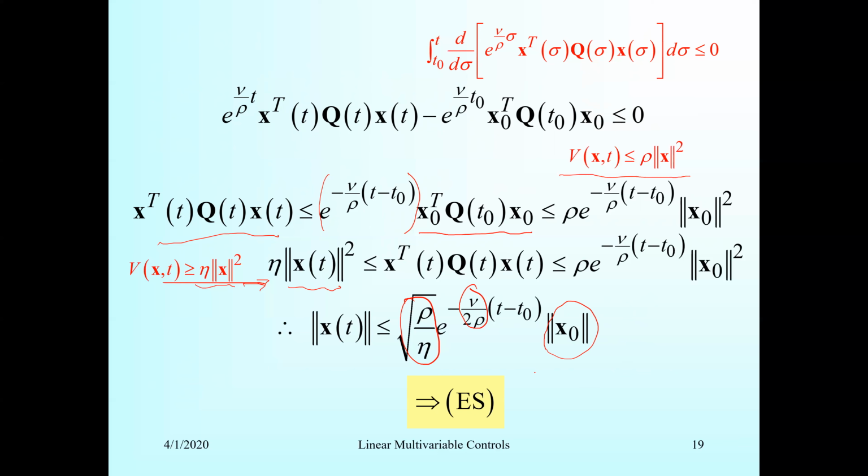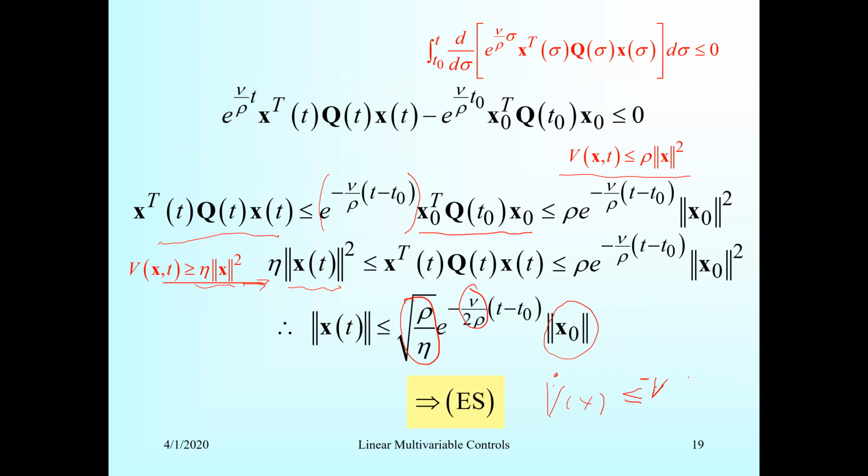So with that, we know that the Lyapunov function, so what's the difference? The difference is if somehow you can make your V dot of x less than or equal to minus mu, okay?